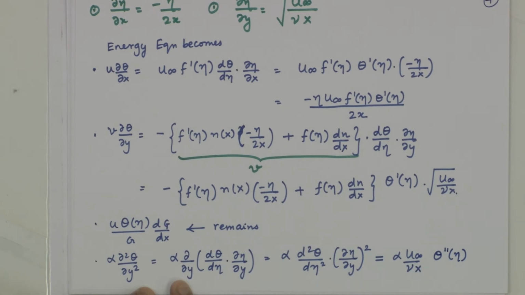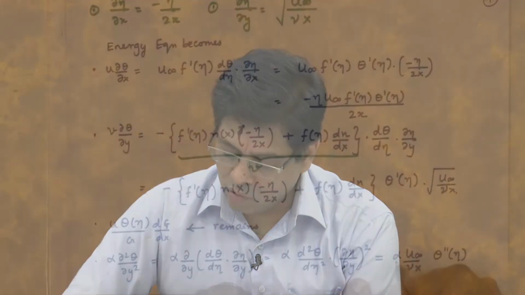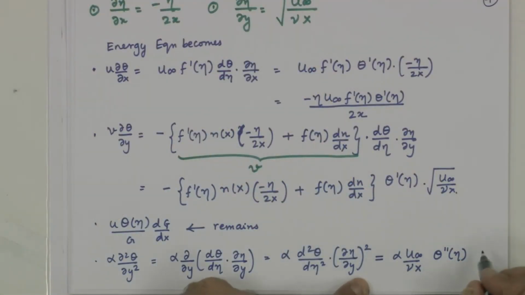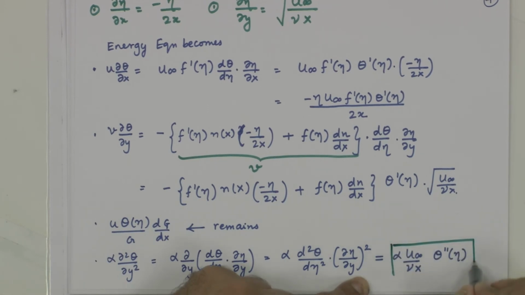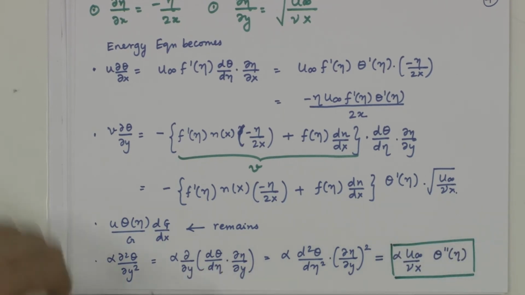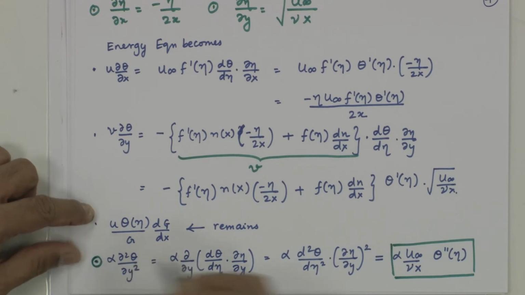Another conversion from y to η gives another dη/dy. So this would give me α/ν. ν over α is the Prandtl number, we will define that later. So you get this as your first term on the right hand side.